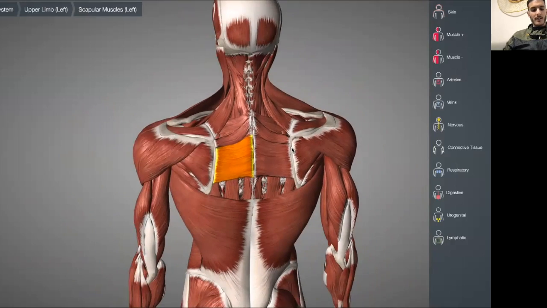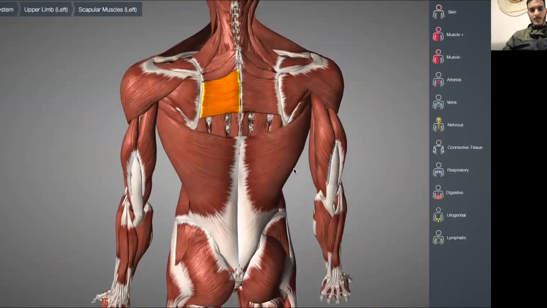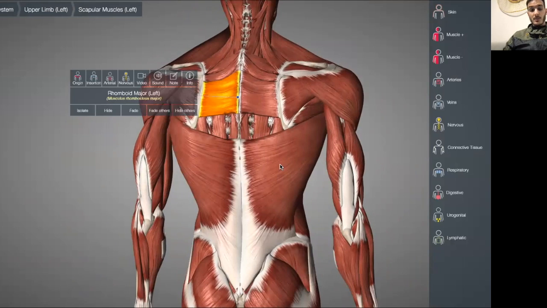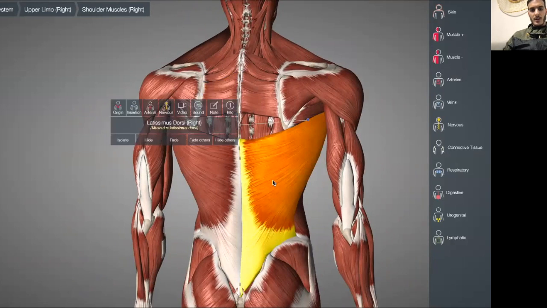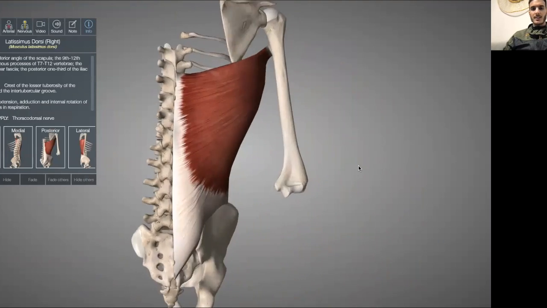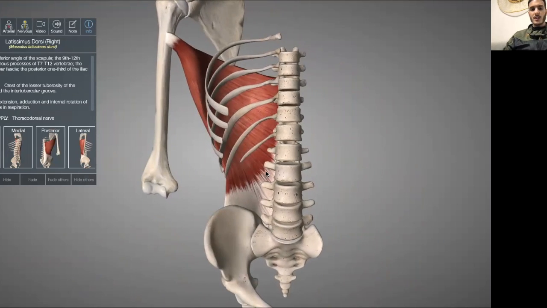Now we have 1 left from the superficial, and that's the latissimus dorsi. Left and right, I'm going to isolate that and see how it goes, and it has a close relation with the humerus.